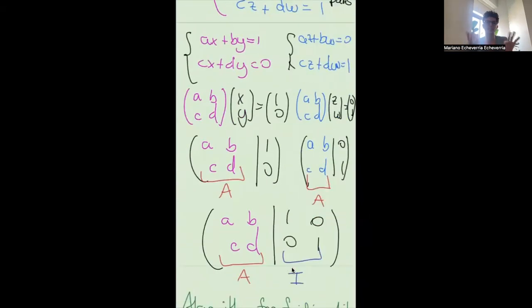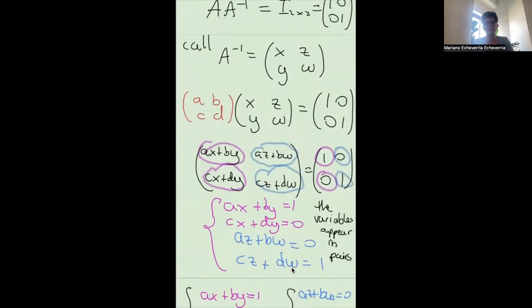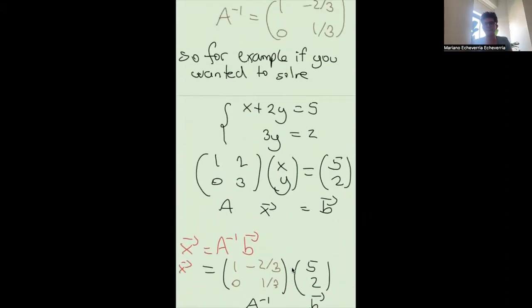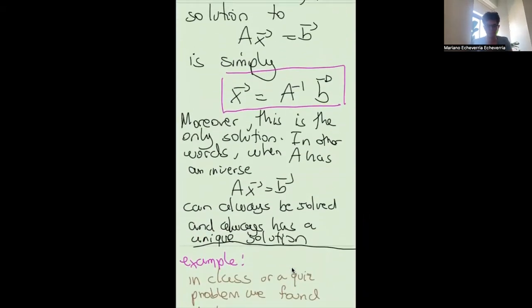It's just a means to an end of finding the A inverse. Once you have A inverse, you do the multiplication of A inverse with whatever numbers you truly care about to find the solution. Is that making sense? So it is like a solution, but it's a very specific solution, so it's better not to think about it that way. Think about it as a method to find A inverse, and once you have A inverse, you use this formula to find the solutions.